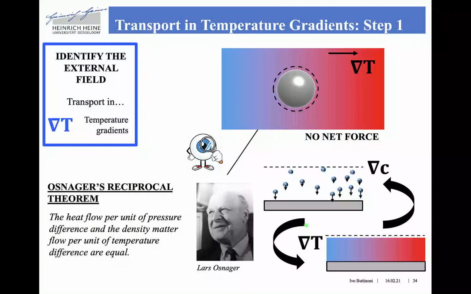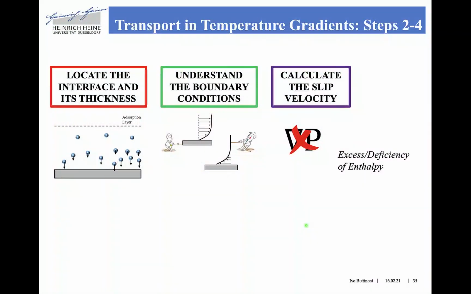So in particular, given this property of reciprocity and following our four-step protocol, we can claim that the interfacial layer responsible for thermophoretic or thermosmotic transport is the same adsorption layer which we have used in the case of diffuse osmosis and diffusophoresis.